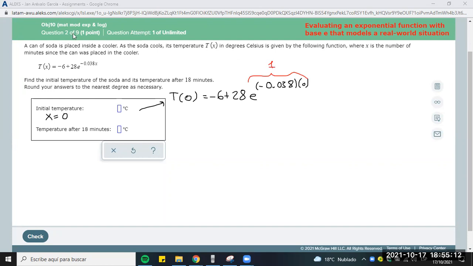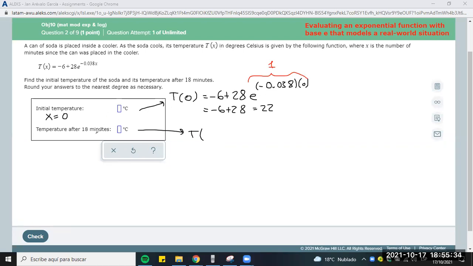So we have 6 minus 6 plus 28, and that equals 22 centigrade degrees.